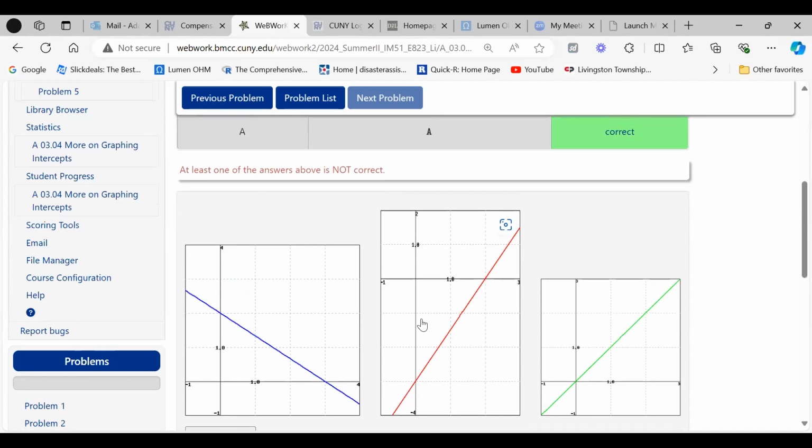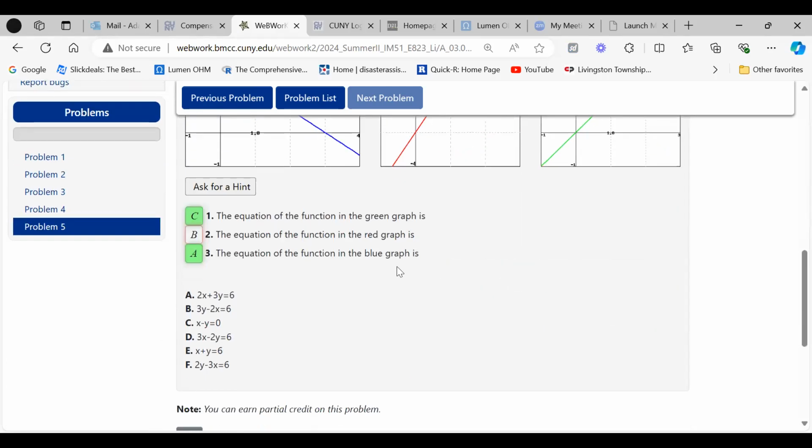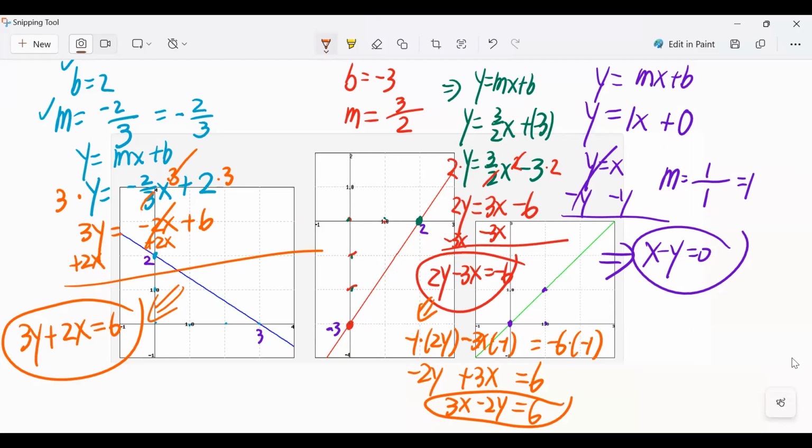This is -4, -3. We'll quickly go back. Y-intercept is 3. Slope is 1, 2, 3, 1, 2. Yeah. Did I make a mistake? 2y minus 3x equals 6.